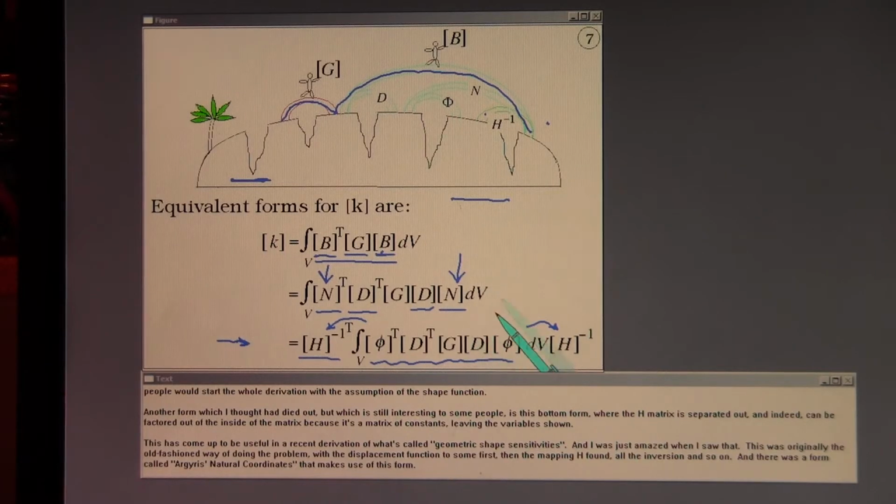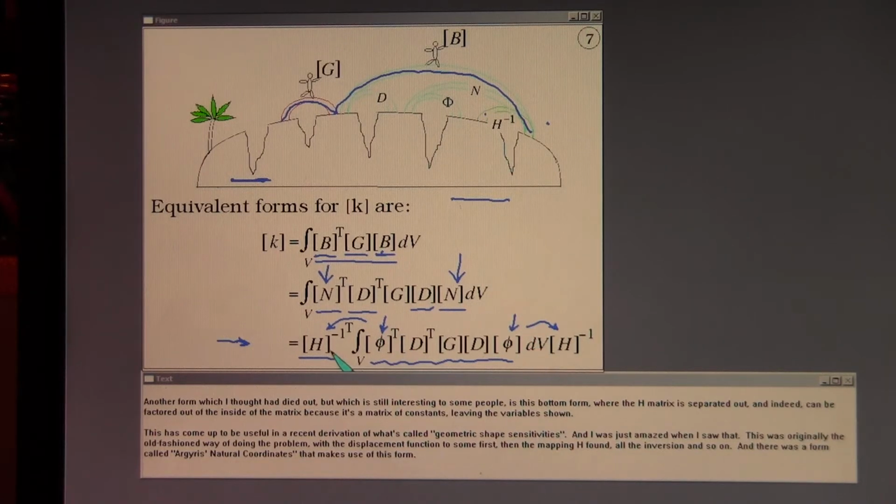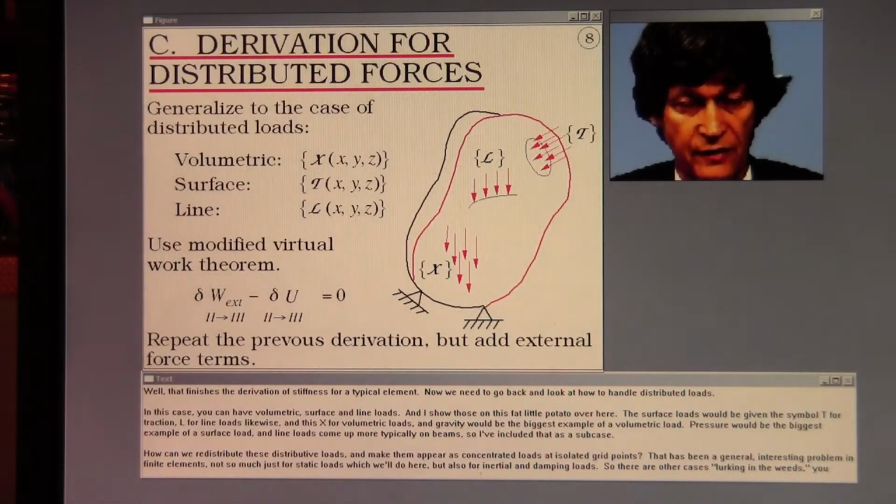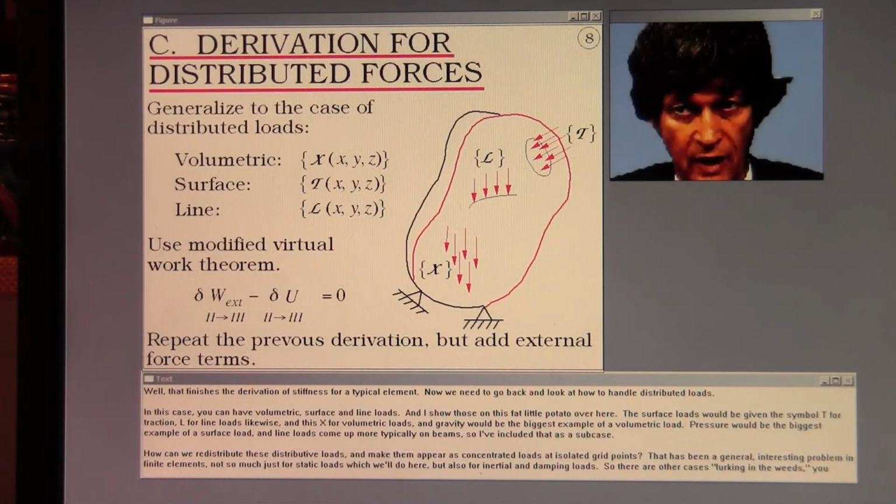This was originally the old-fashioned way of doing the problem with the displacement functions assumed first, then the mapping H found, all the inversion, and so on. And there was a form called Argyris's natural coordinates that makes use of this form. Well, that finishes the derivation of stiffness for a typical element.